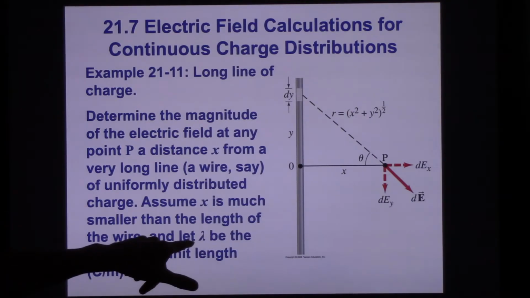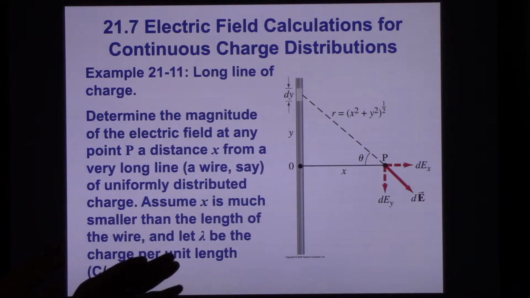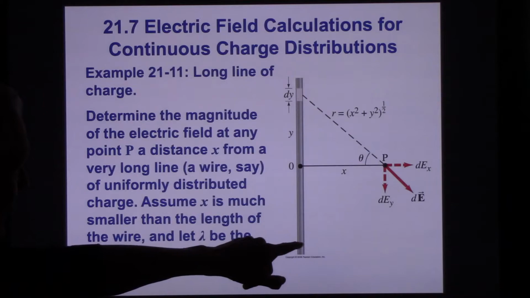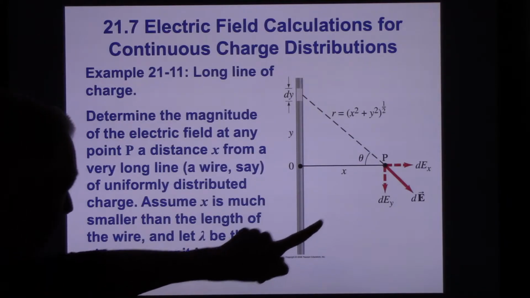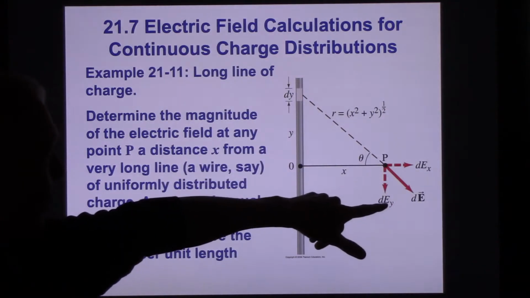I know they're working in terms of lambda, but I always feel like it's good to tell myself there's a little bit of charge here, a little bit of charge here, a little bit of charge here. And there's going to be another piece right here with an electric field that is the mirror image of what we have here.